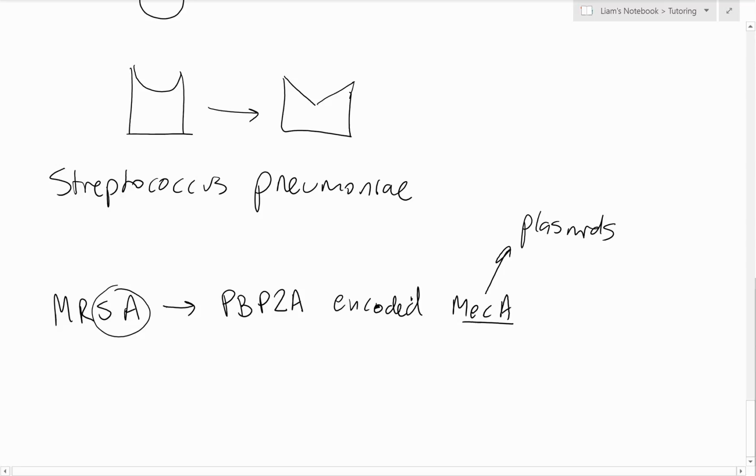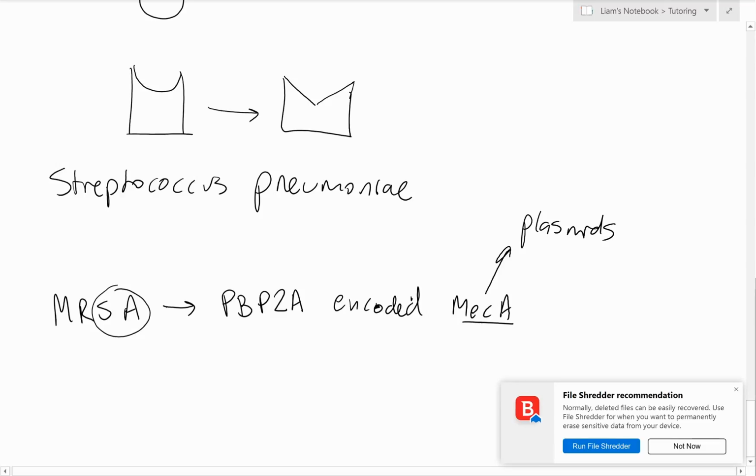Not only can they transmit beta-lactamases, they can also transmit different varieties of penicillin binding proteins which are resistant to binding the penicillin, which is why that name gets confusing, because you've now got a penicillin binding protein which doesn't bind penicillin. So that's why we're going to call them transpeptidases. So mecA is a pathogenicity island on plasmids. And as I said, this transpeptidase has very low affinity for beta-lactams. So now, again, they have resistance.